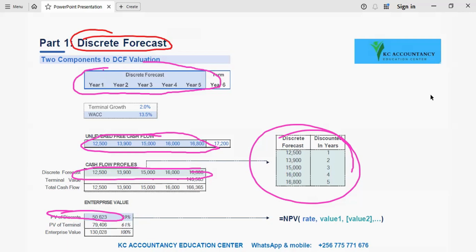As you can see, we have a constructed model here with discrete forecasts of 5 years.